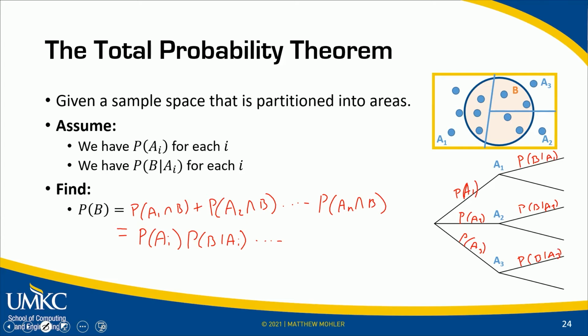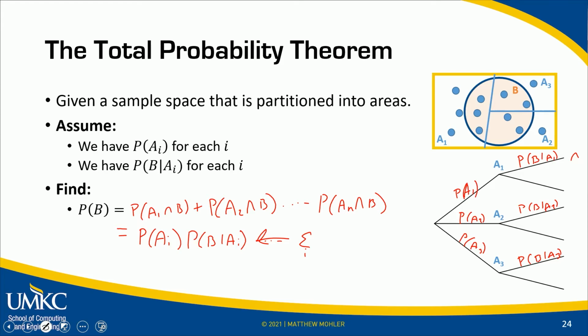And these eventually turn into the intersections out here on the right-hand side, as we saw in our previous section on the multiplication rule. So given that we can sum all three of those together, we ultimately can convince ourselves that this equation here, summed over all i, is correct, that that is going to give us the probability of B. Now, why is this important?